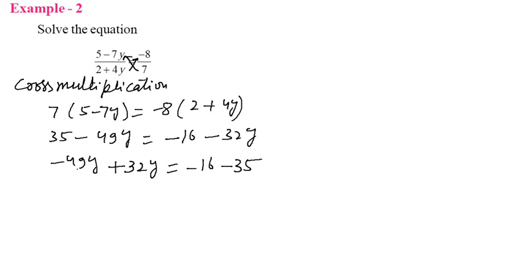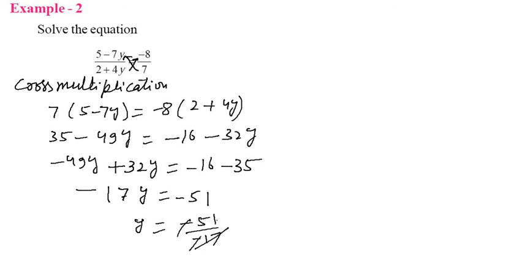Upon 49 minus 32, we can subtract; 49 minus 32 is 17, and here 16 and 35 makes 51. So y will be equal to minus 51 upon minus 17. Minus will be cancelled out to each other, and 17 times 3 is 51. So we get y is equal to 3. So that is your answer.